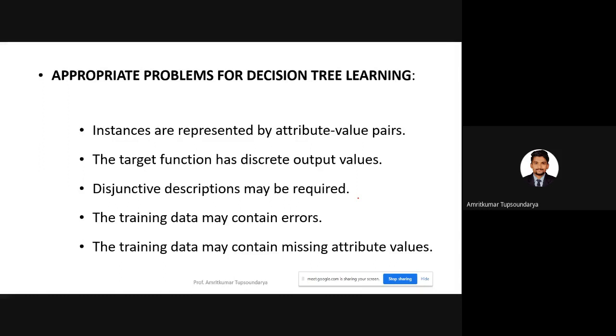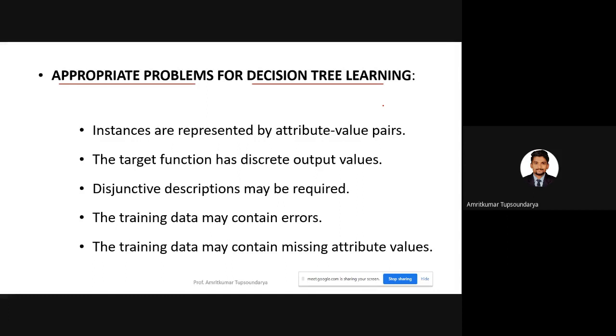Inside those problems that can be learned using machine learning, there are a few more appropriate problems which can be learned by algorithms like decision learning algorithms. Imagine that there is a whole power set which gives us the possible problems which can be represented in machine learning. Inside that whole power set, we have a subset which is an appropriate problem set only for decision learning.